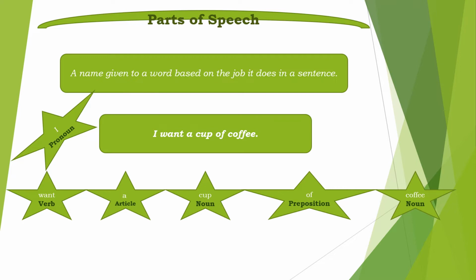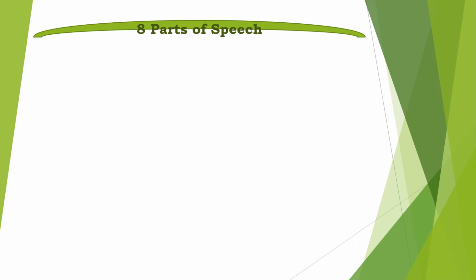As I already told you in my previous video that we don't need all parts of speech in a particular sentence. It depends on the requirement of a sentence what it needs. And every single part of speech has its own job. So we go by whatever the sentence needs. Let's continue with our learning about parts of speech.